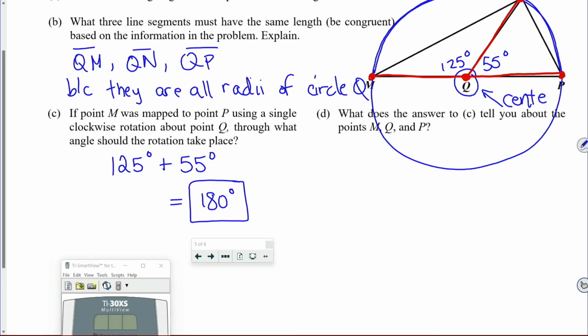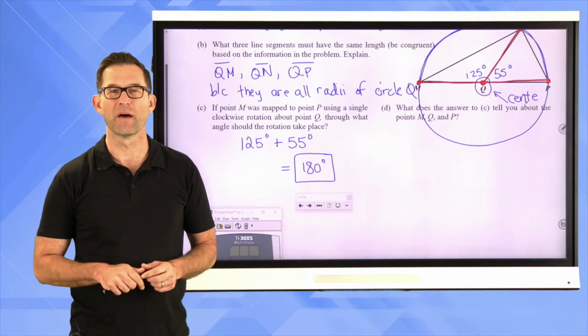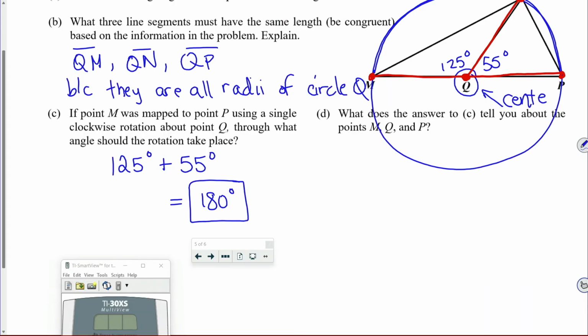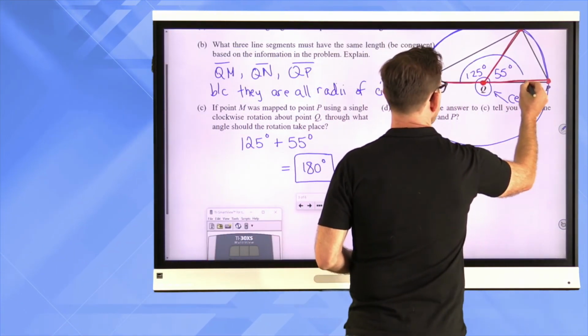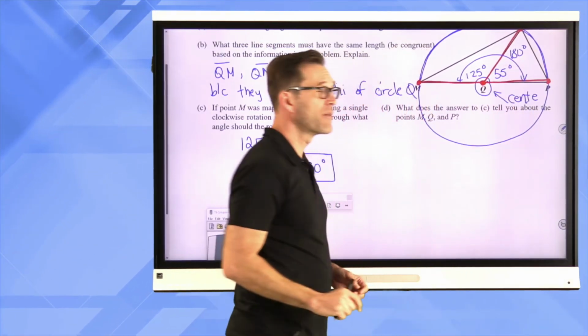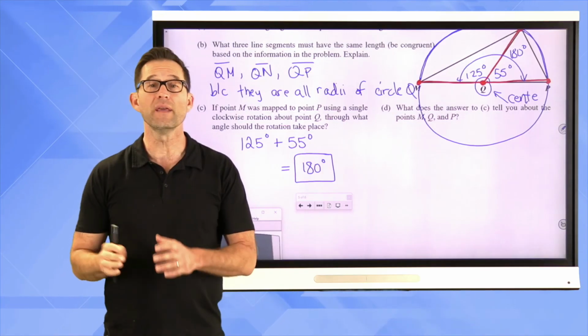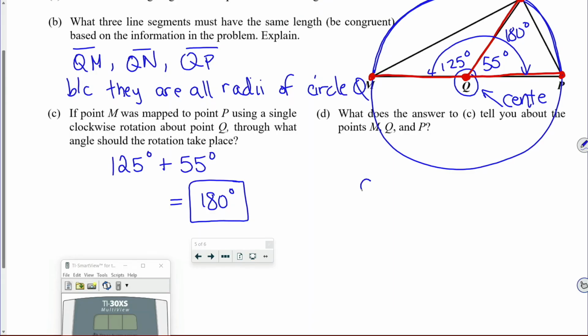Final piece, letter D. What does the answer to part C tell you about the points M, Q, and P? Well, see if you can write something down about this. If this angle is 180 degrees, then of course that means MQP is a straight angle, which means that points M, Q, and P are collinear.